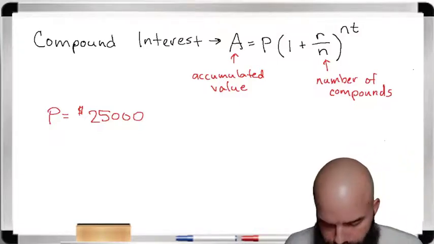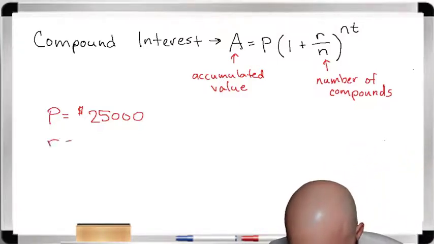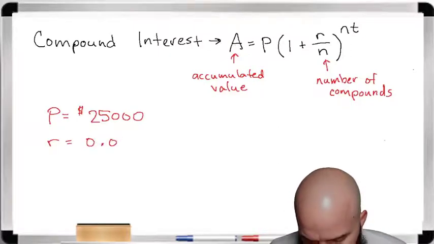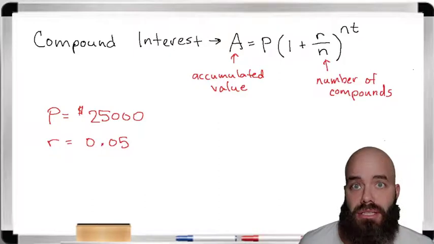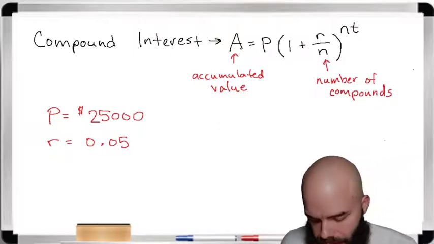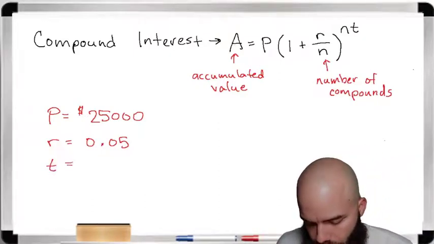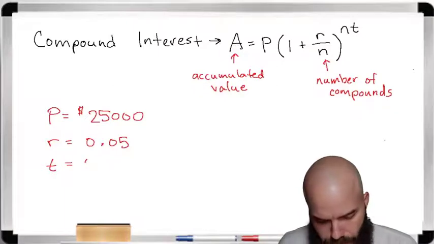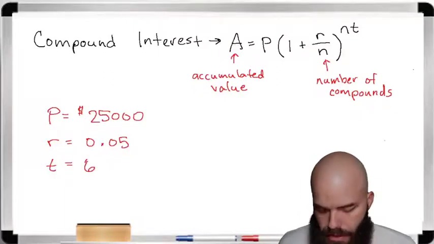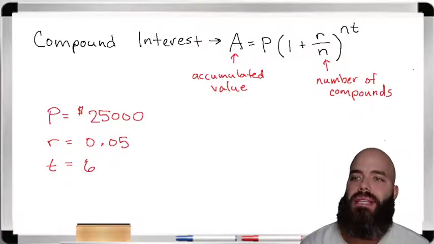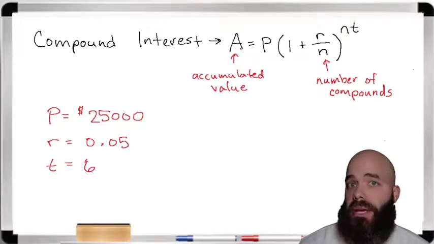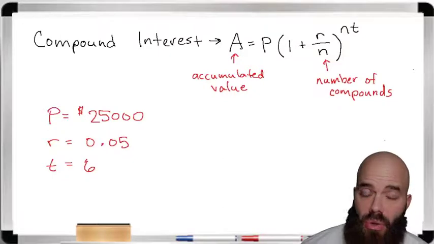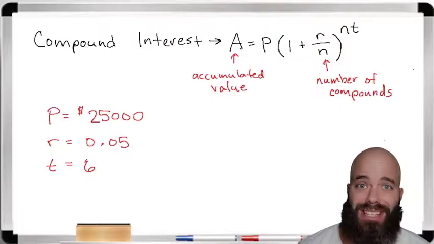The rate, we're going to say the rate again is 5%. The time, the years, is going to be 6 years, just like before. But this time, let's say we're going to compound it annually, or sometimes you may see the word yearly.